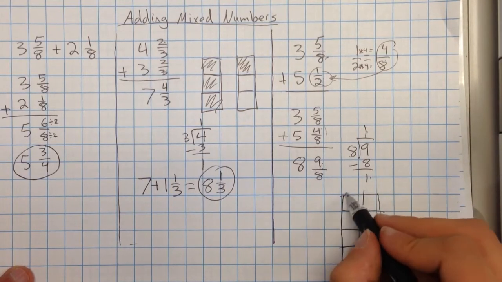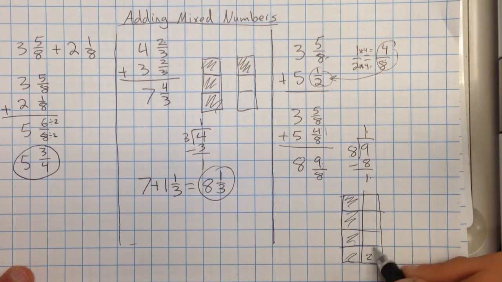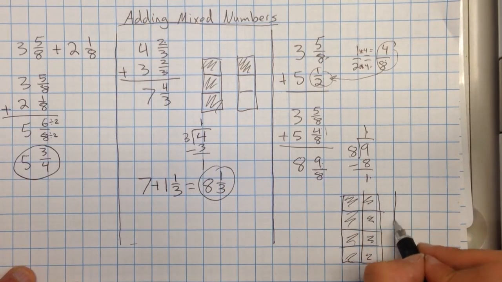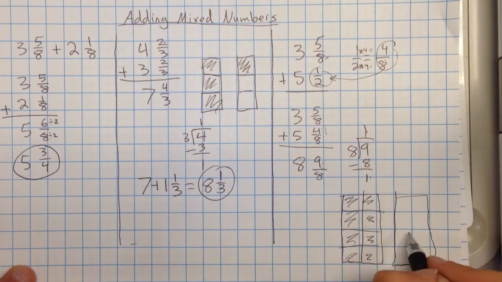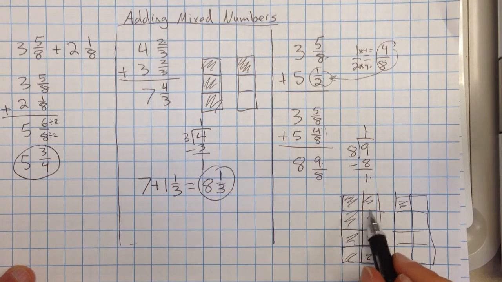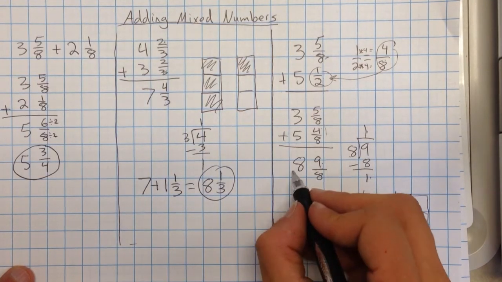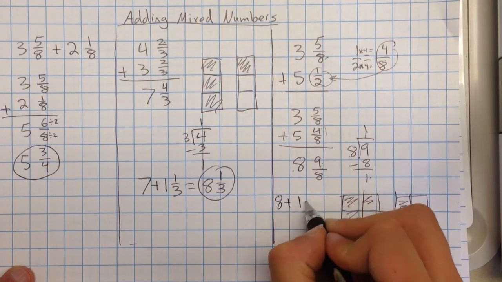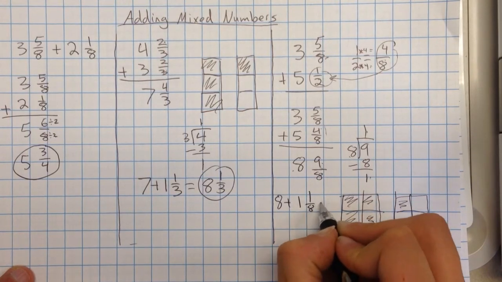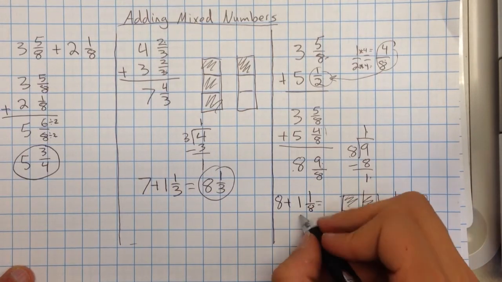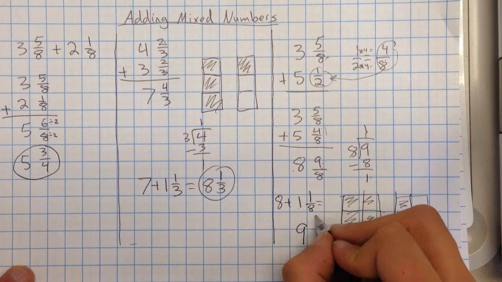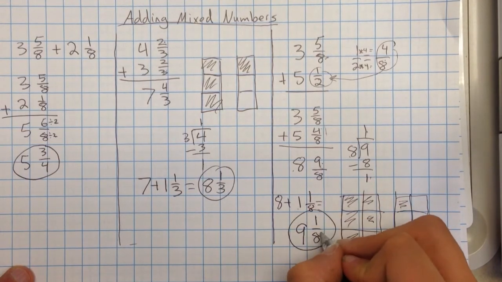We have 9/8, so 1, 2, 3, 4, 5, 6, 7, 8, plus, oops, a little messy, 1/8. So I can see it's the same thing as 1 whole and 1/8. So now I'm going to take my 8 plus 1 whole and 1/8. I'm going to add those together, and that gives me 9 wholes and 1/8 as a fraction.